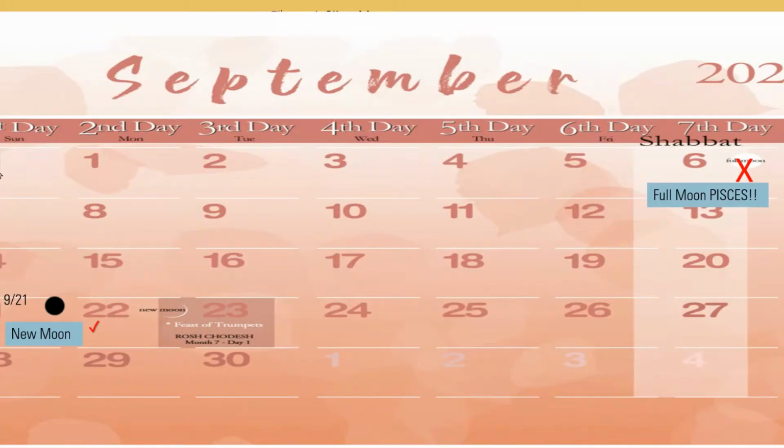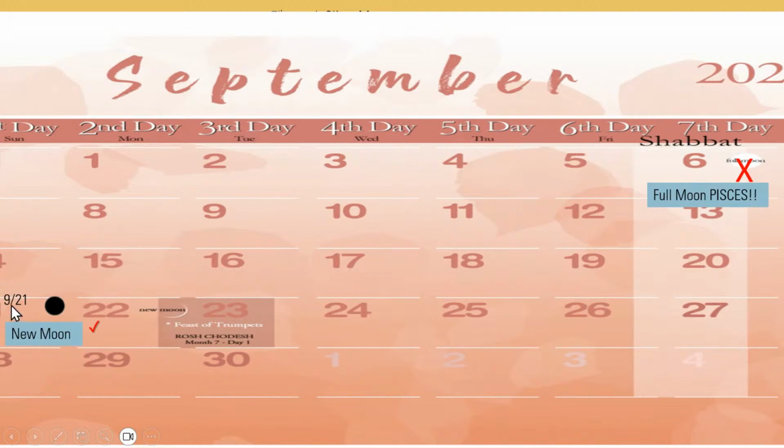So their September 6th, right here, they have a full moon. We already looked at September 6th and we found that this full moon was still in Pisces. It should be in Aries. We're looking for Aries, but it was in Pisces. So September 6th cannot be in our 7th month.